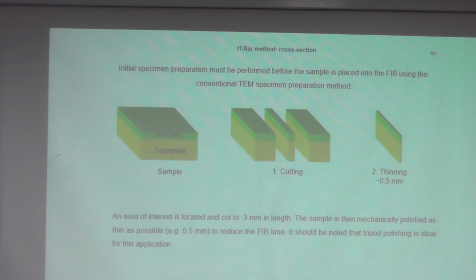So now let us look at the first method. This is the H-bar method for cross-sectional preparation, because we are still interested in the microstructure of our chalcogenide films. And here it's based on a conventional preparation method. First you have to cut slices from your specimen. Then you thin it down to, let's say, 0.5 millimeter.